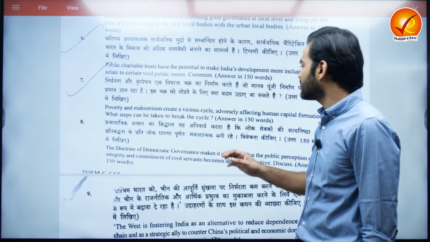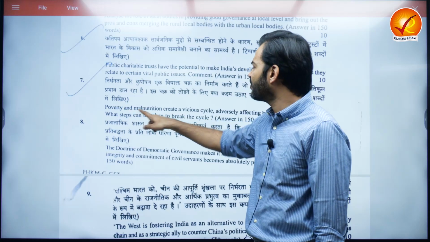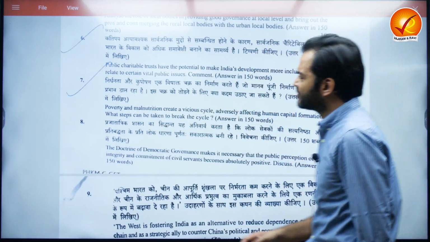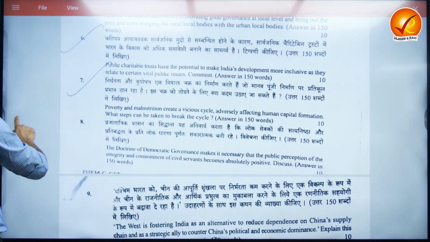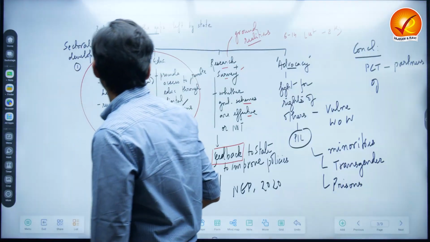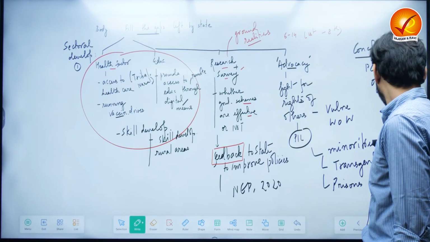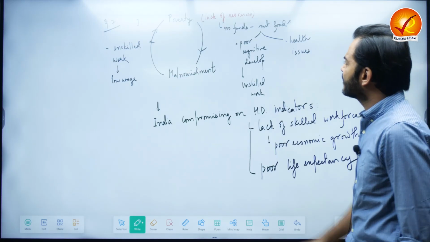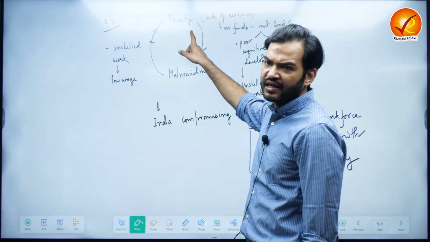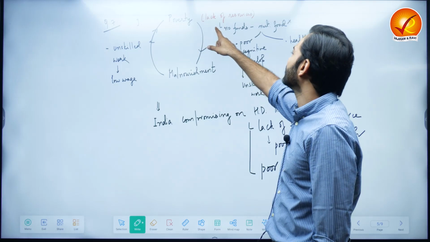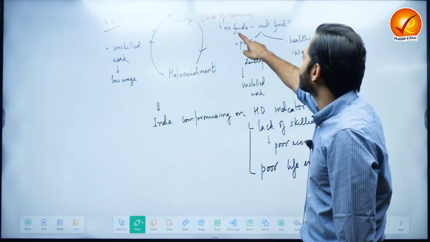Now the question says, first you have to write how poverty and malnourishment create a vicious cycle. So after writing about poverty and malnourishment, you can explain how this vicious cycle is created. So poverty, people don't have resources.